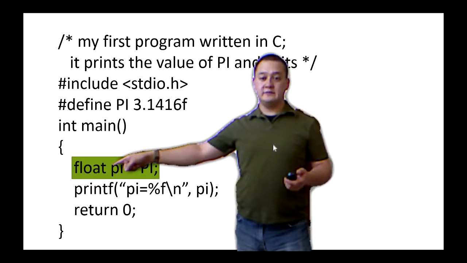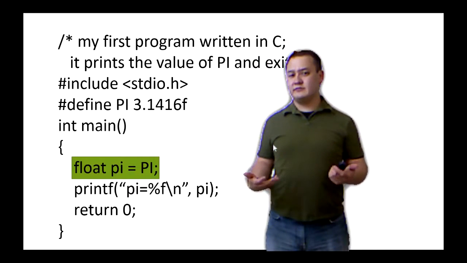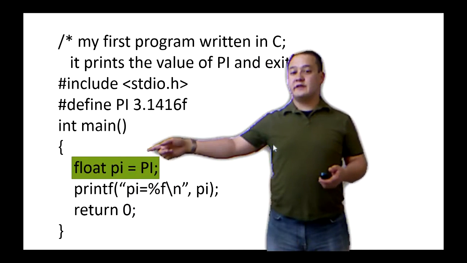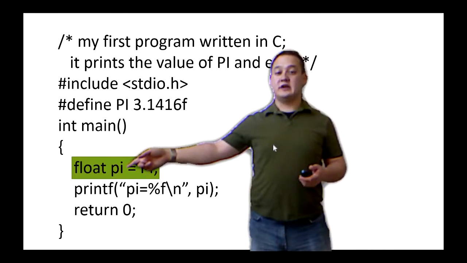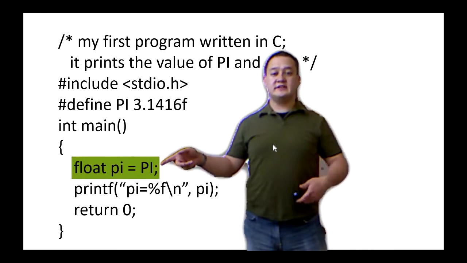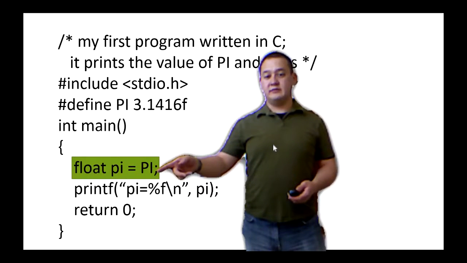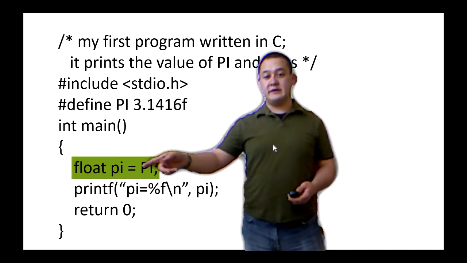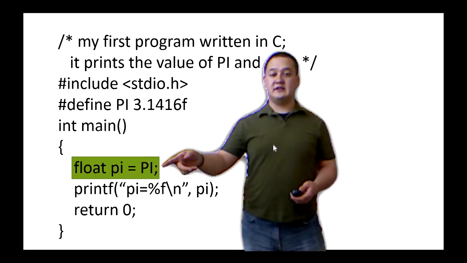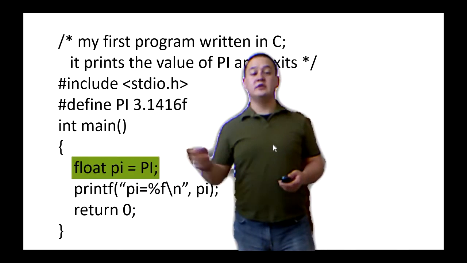That means it's a floating point number, so it's most likely going to be interpreted with the IEEE standard. Then we've got the name of the variable, which is this lowercase pi. And optionally, we can assign a value to our variable immediately by putting this assignment operator, equals, and then 3.1416f as the value of the variable pi.